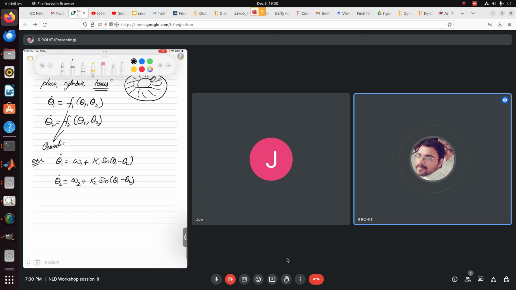Now here theta 1 and theta 2, say you have a circle, are the phases of the system. So this is theta 1 and this is theta 2. These are the phases of the system, and omega 1 and omega 2 are their natural frequencies.